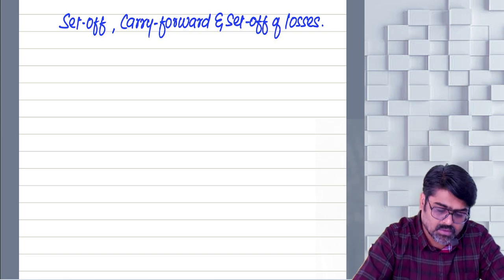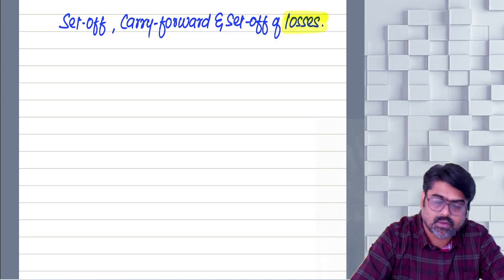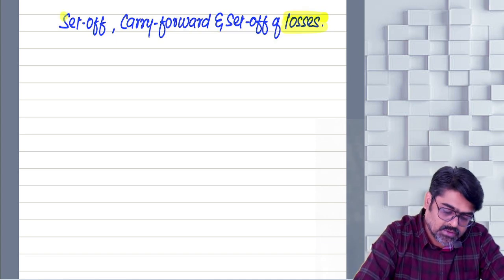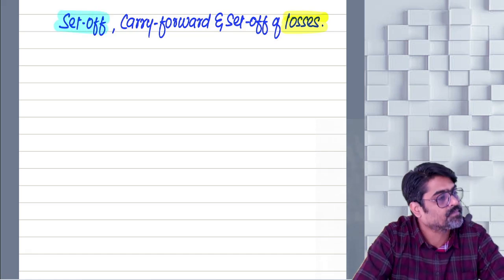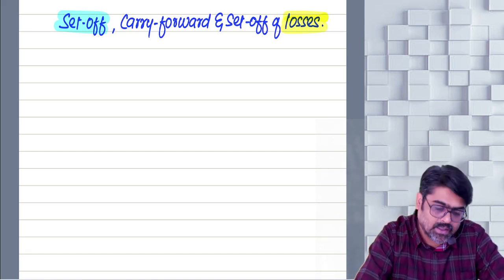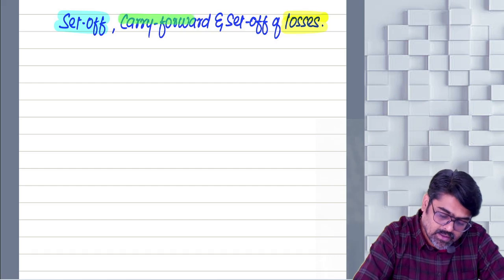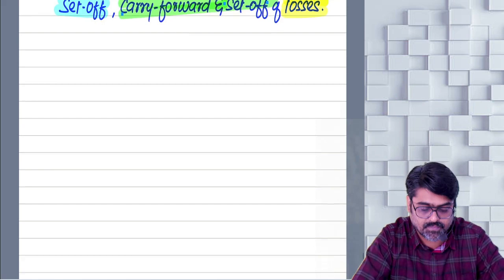If you have any loss, then they are telling you to first set off the loss. And if you are not able to set off, then carry forward for its set off in future.